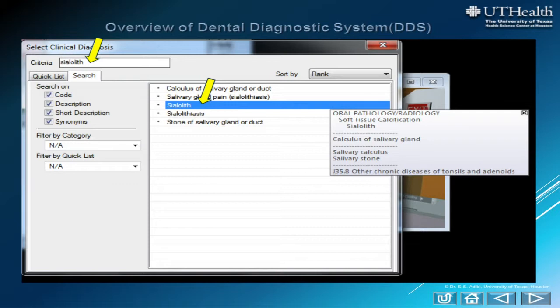Since this lesion was found incidentally and no inflammation or pain is involved with this patient's condition, sialolith could be selected in this particular case.